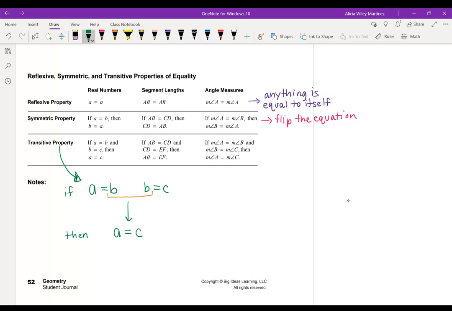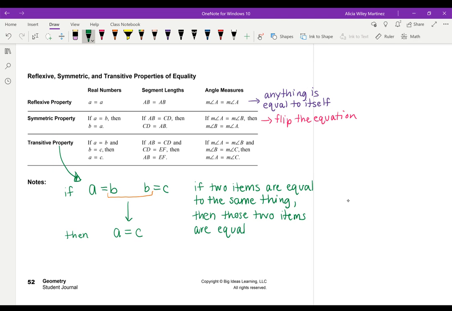If you're thinking about this in words, it's a little bit harder to write, but it's the idea that if two items are equal to the same thing, it could be variables, you can see up here, it could be segments, it could be angles, then those two items are equal to each other.